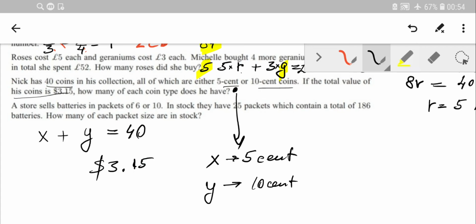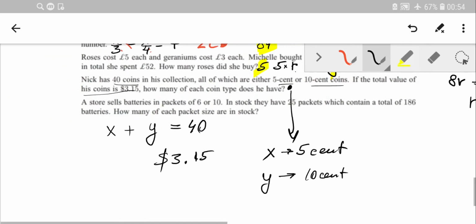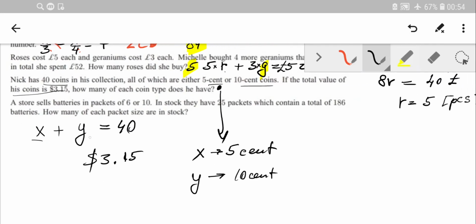So because this is 5 cents, right, you can write in terms of values. If x stands for the quantity, we can get the total amount 3.15 using the following. We know that's 5 cents. In terms of dollars, or maybe it's better to go with cents.